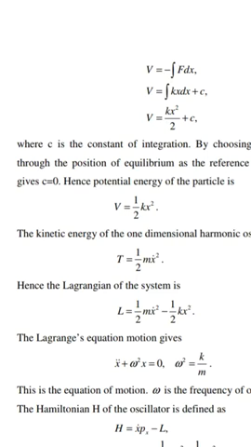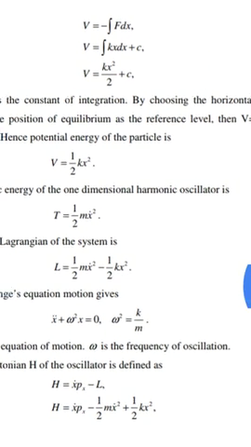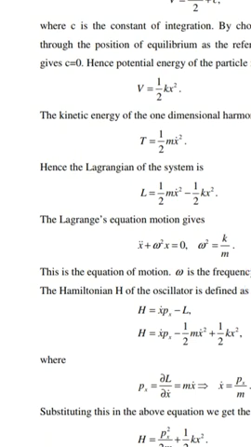The kinetic energy of the one-dimensional harmonic oscillator is T is equal to 1 by 2 m x dot square. Hence, the Lagrangian of the system is L is equal to 1 by 2 m x dot square minus 1 by 2 kx square.